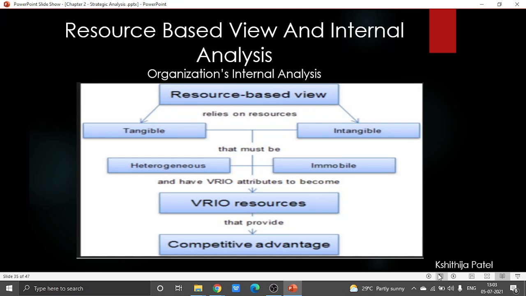That is the main thing here. That is, it analyzes more and more its own internal resources, so that by using its own resources, by knowing its own strength, the organization is able to bring in competitive advantage.